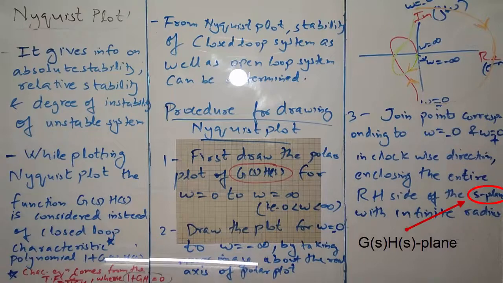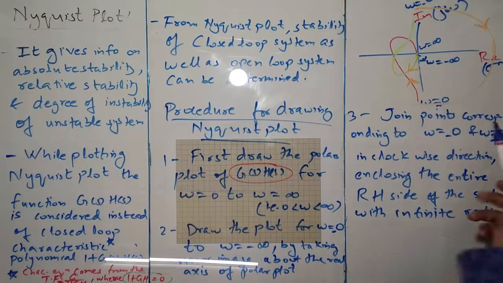And now at what angle will these 2 points, omega equal to -0 and omega equal to +0, be enclosing? We'll be giving a table of the angle that this arc will form between the points -0 and +0. If you look at this particular figure, you will find that the angle that this arc covers is about -180 degrees.